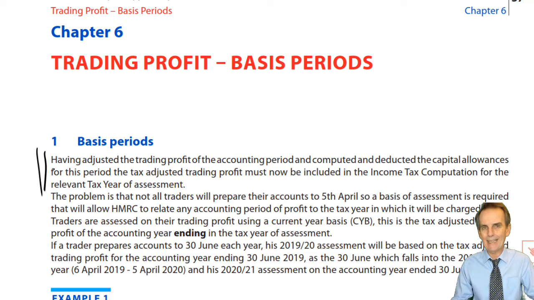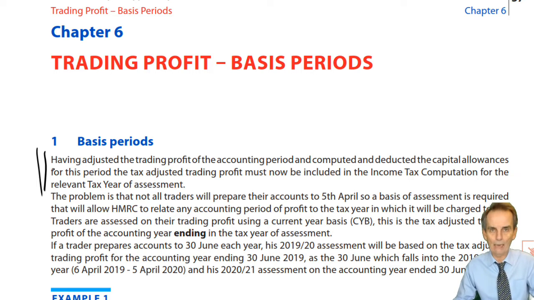Go all the way back in your heads now to Chapter 2, and we saw the preparation of the income tax computation. And we saw that for most sources of income, it was an actual basis of assessment. In earned income, employment income was the other big one as compared to now trading profit, as you see here. Employment income basis of assessment, actual amounts received. What we mean by that received basis we see in Chapter 9 on employment income.